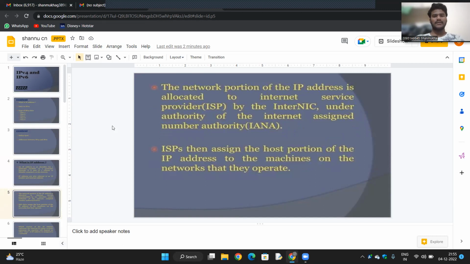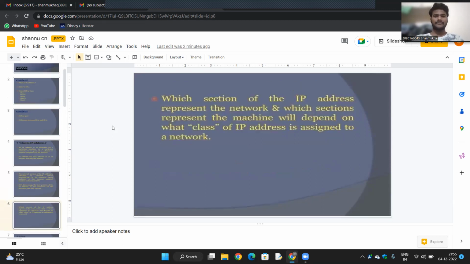ISPs then assign the host portion of the IP address to the machines on the networks that they operate. Which section of the IP address represents the network and which represents the machine depends on what class of IP address is assigned to the network.